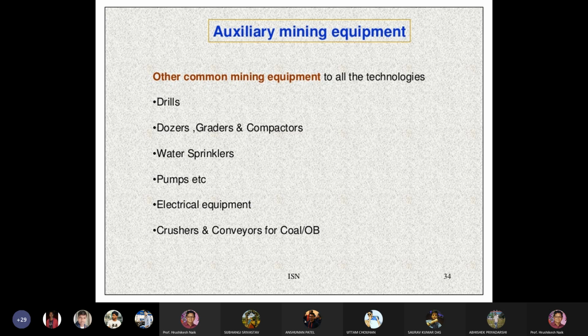Other common mining equipment, for all the technology, like you have to use the drill machine, you have to use the dozers, graders, and compactors, but also sprinklers, pumps, electrical equipment, processors, conveyors for coal and overburden removal and crossing. Okay, so these are the auxiliary mining equipment you need.